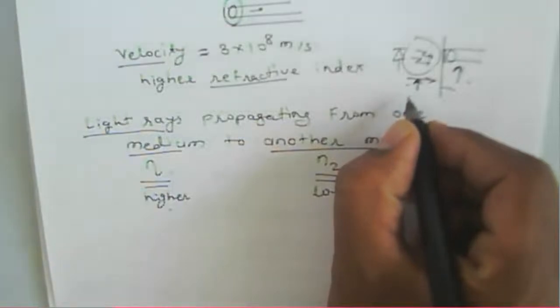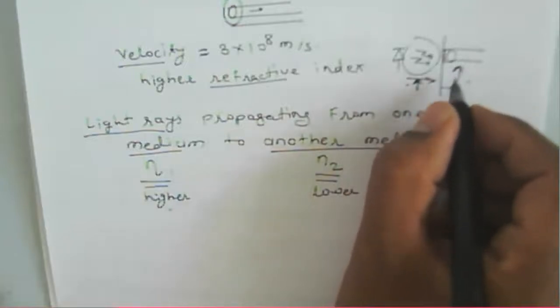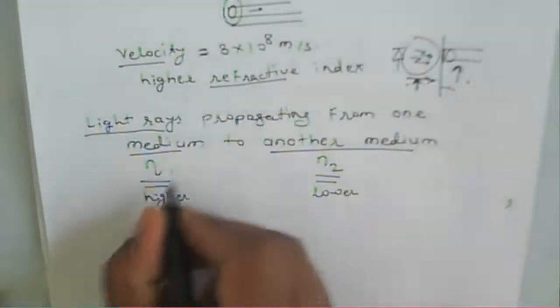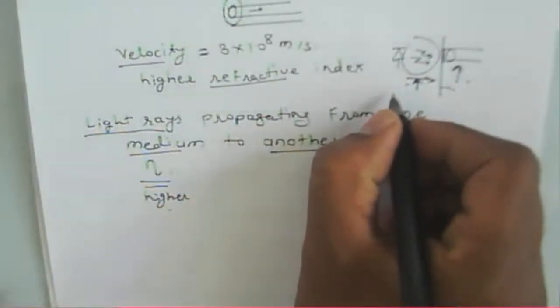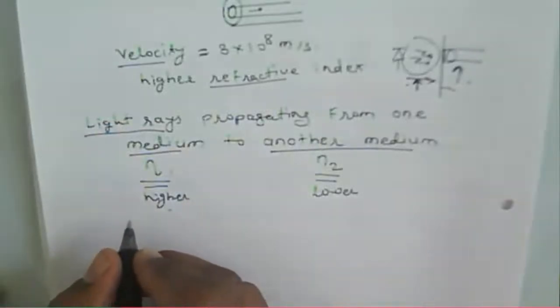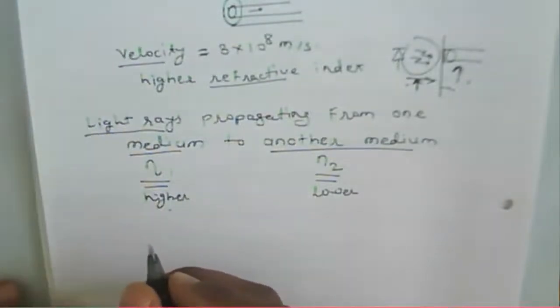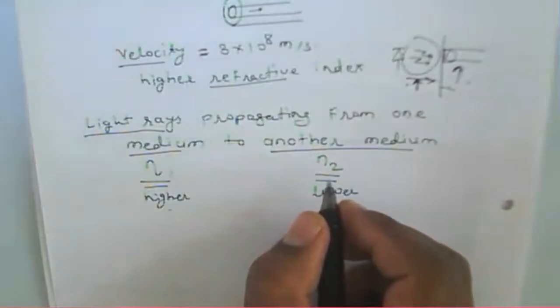Consider that air has some refractive index and this fiber has some particular refractive index. There is a difference in refractive index, and air has a low refractive index.